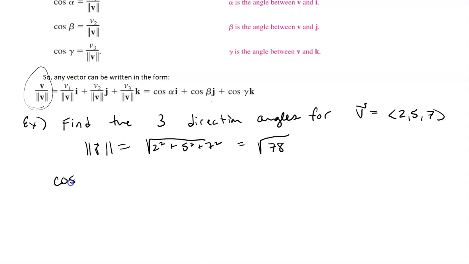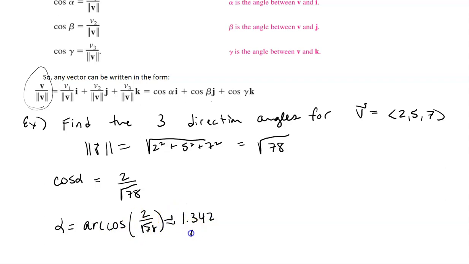So cosine of alpha would be 2 over the square root of 78, and alpha would be the arc cosine of that, which would be about 1.342 radians.